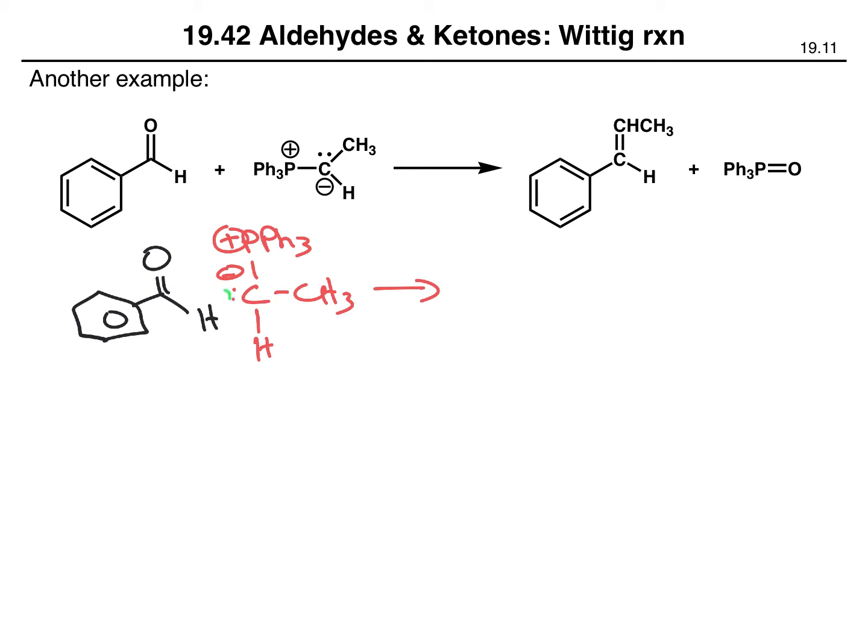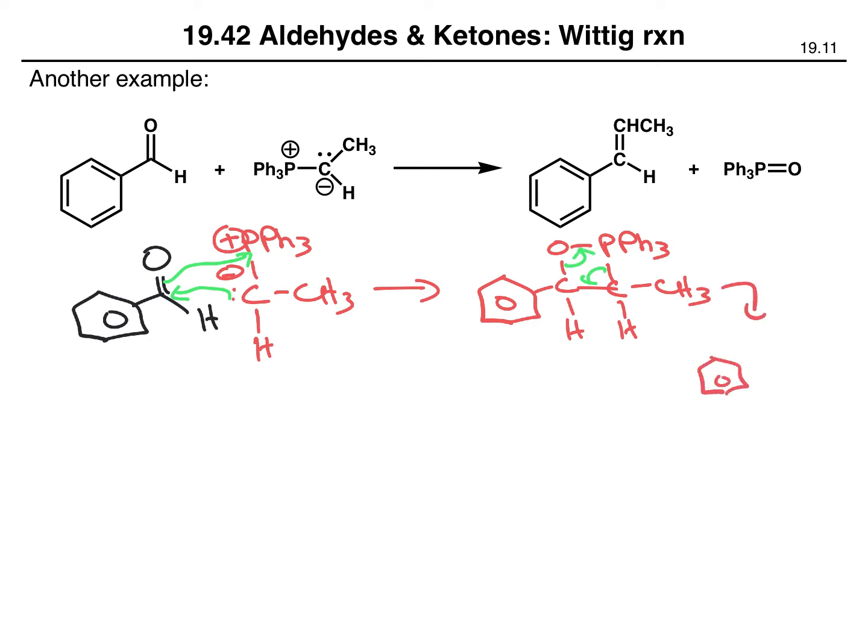We could imagine these electrons move here, these electrons move to the phosphorus, and that gives us as an intermediate this, and then we can picture these electrons giving us, here is our CH, double bond C, CH3, and H. So in this oxaphosphatane, we have both hydrogens on the same side.